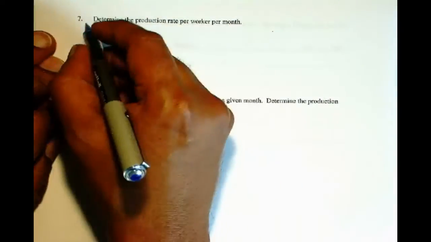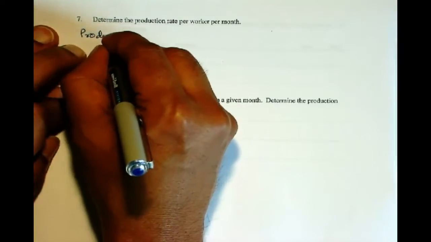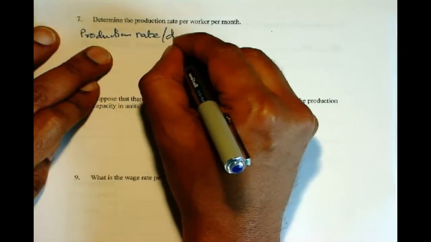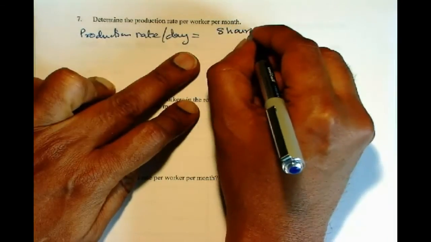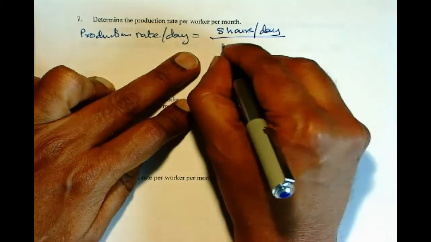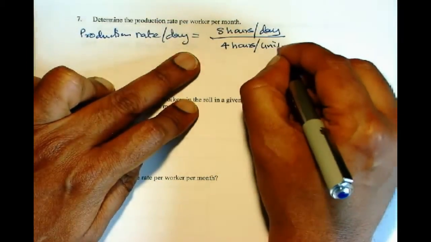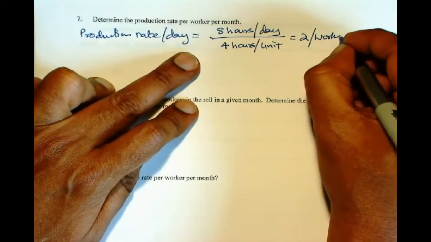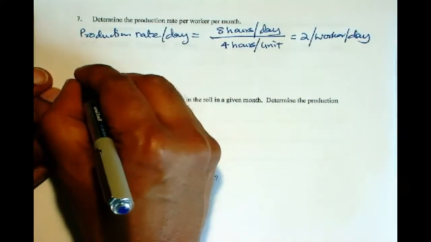So we'll start with per day. Production rate per day is 8 hours a day divided by the standard hours, 4 hours per unit. So that gives us 2 per worker per day.